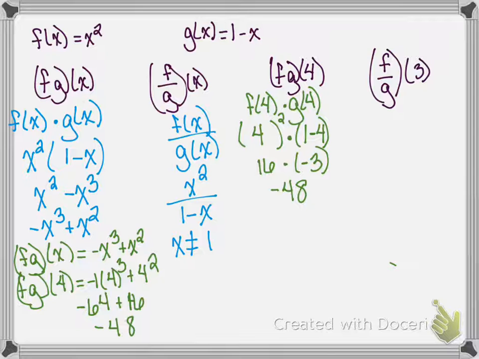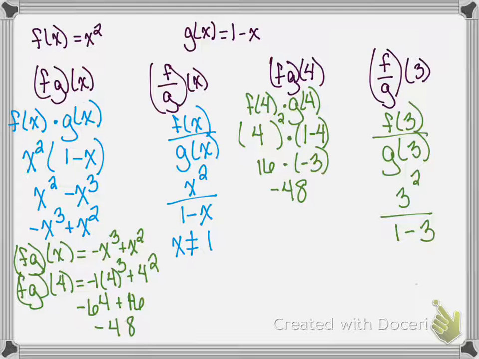F over g of 3. That's f of 3 divided by g of 3. F of 3 is 3 squared. G of 3 is 1 minus 3. So I have 9 over negative 2. Okay?